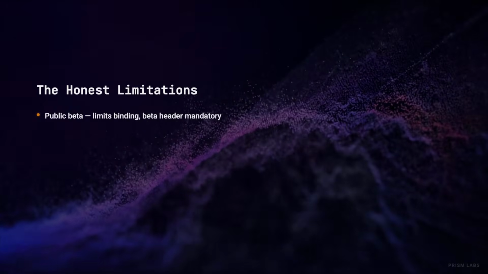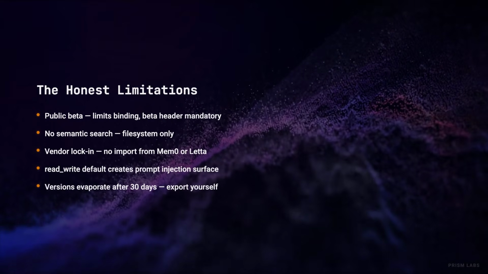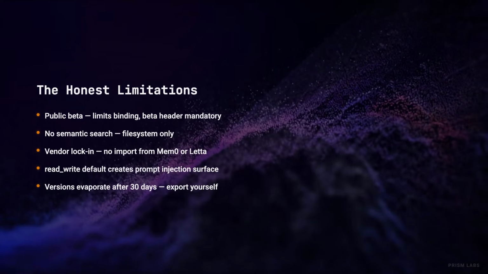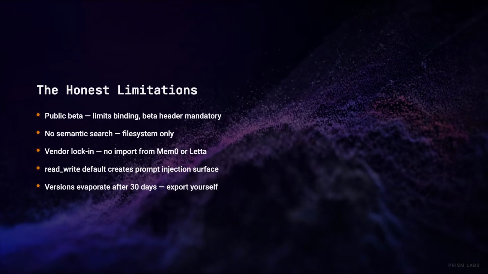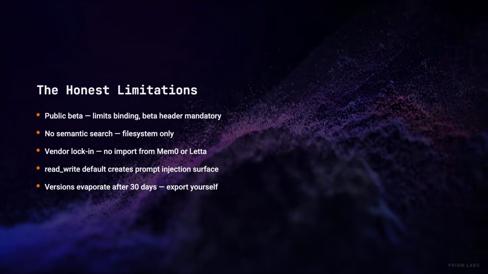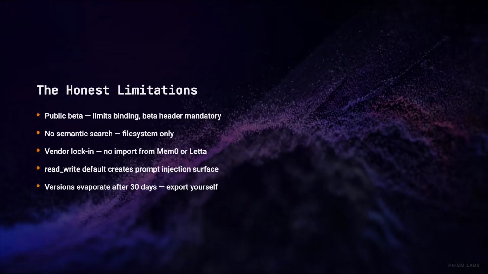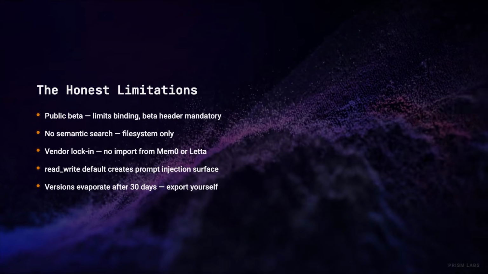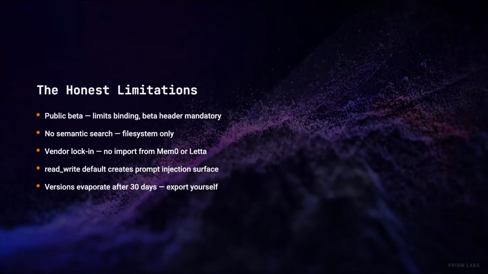A few honest limitations before you adopt it. 1. Public beta, not GA. The beta header is mandatory and limits are binding. 2. No semantic search built in, it is a file system. If you want embedding similarity, you build it yourself on top. 3. Vendor lock-in. Your memory files live in Anthropic's managed infrastructure. Export is possible, but there is no import from Mem0 or Letta. 4.